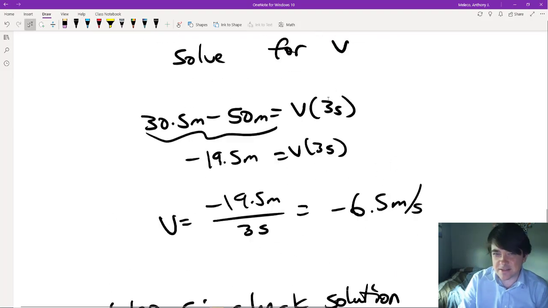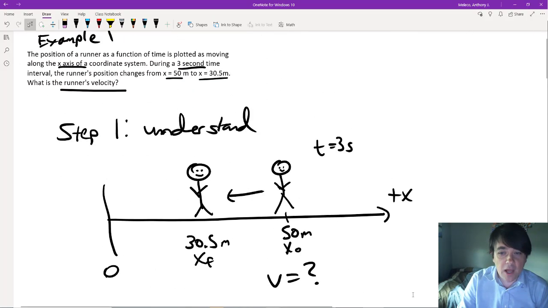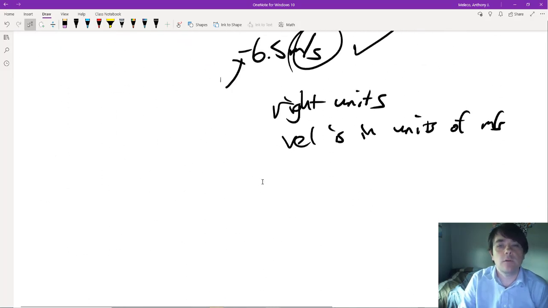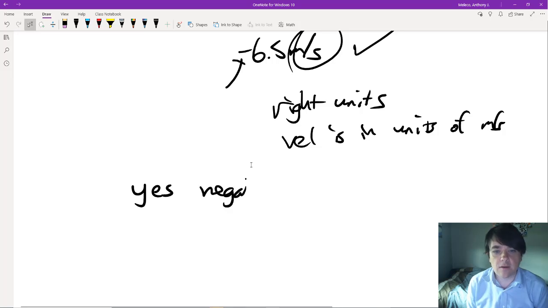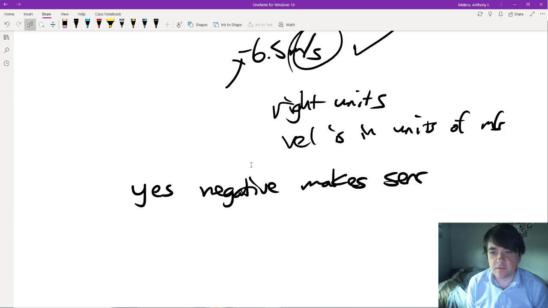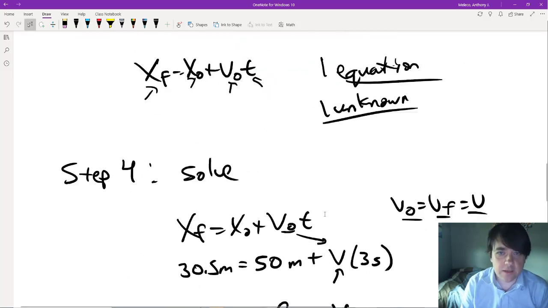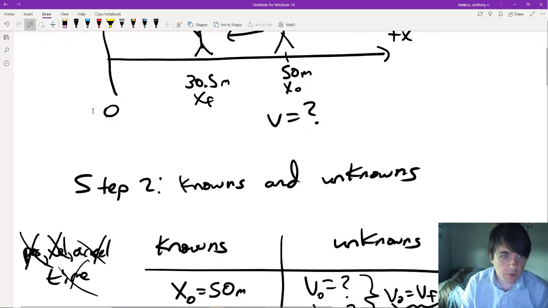Does this make sense? Well, we define to the right as positive, and the guy is moving to the left. So yes, negative makes sense. Okay, so this works. Solution seems fine. Okay, and that's how you solve a one-dimensional problem.